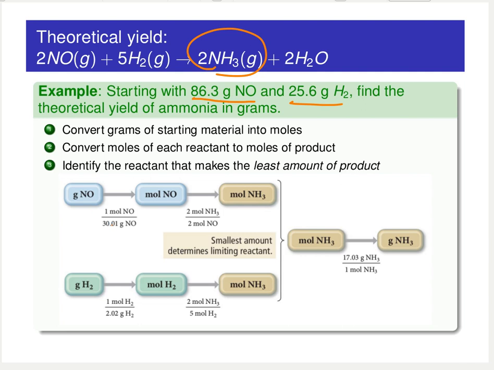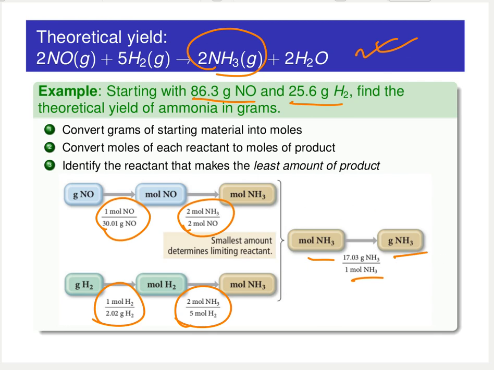We're going to carry out a grams to moles conversion using the molar mass for each one of these given starting reactants. We're then going to use a mole-to-mole conversion built upon that balanced chemical reaction equation, looking at those stoichiometric coefficients, determine how many moles of product we can form, take the smallest, multiply by the molar mass, and we'll be home free.